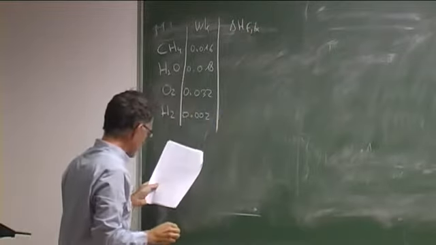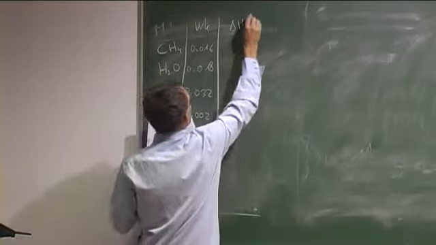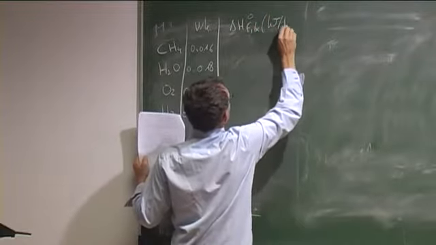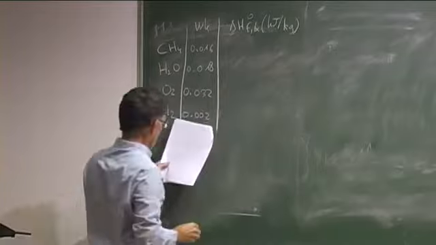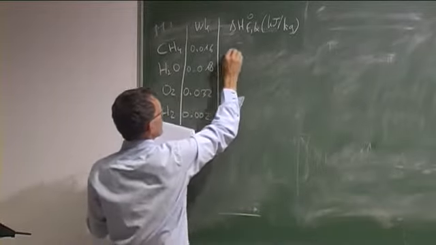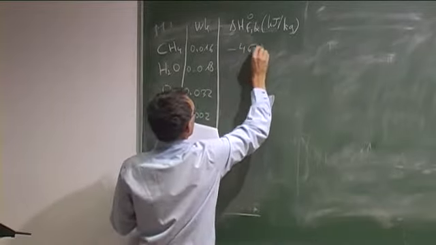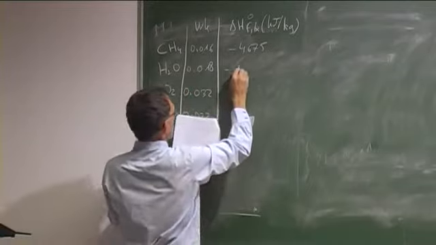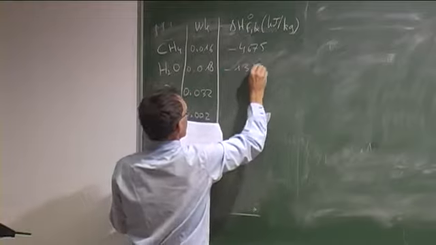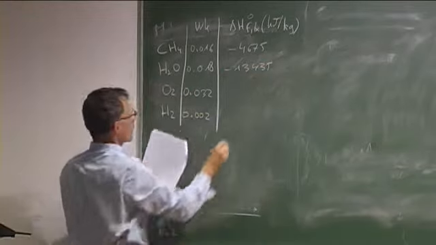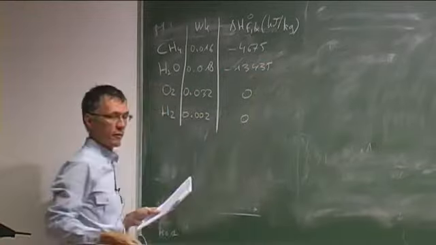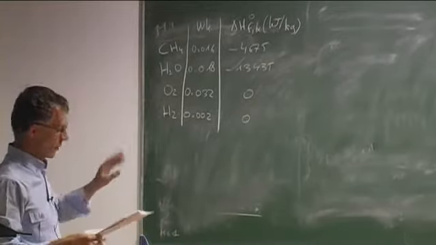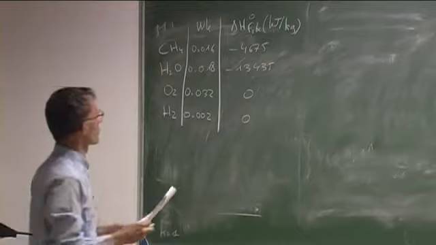If you look at the formation enthalpies, and those are going to be in kilojoules per kilogram, this is what you find in the textbooks: minus 4,000 here, H2O minus. And of course, these two guys have 0. This is a convention. We decided the enthalpy of these pure gases will be 0 at the temperature of reference.